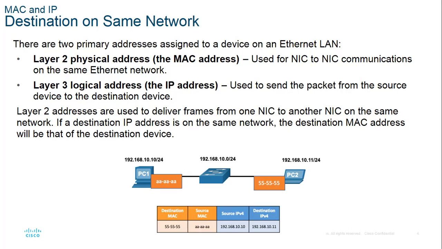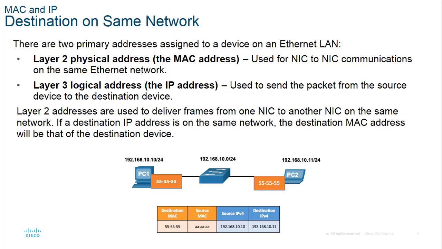While the layer 3 logical address, which is a function of the layer 3 protocol, identifies a logical identity of any device connected to the network. While using the TCP/IP model, it's an IP address. So it will identify the source device IP address and the destination device IP address.